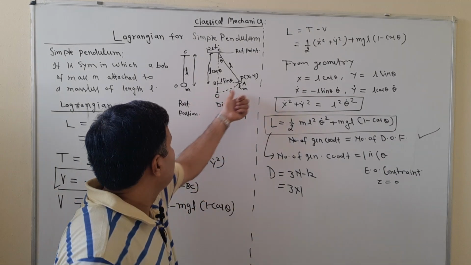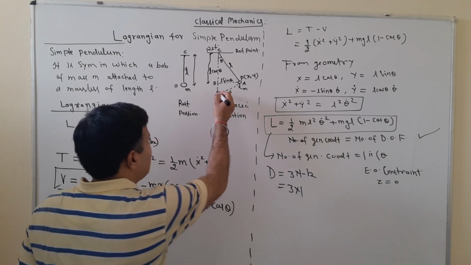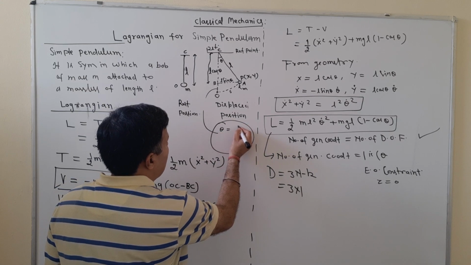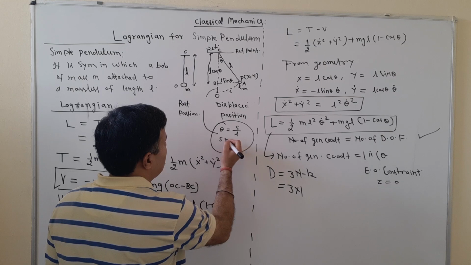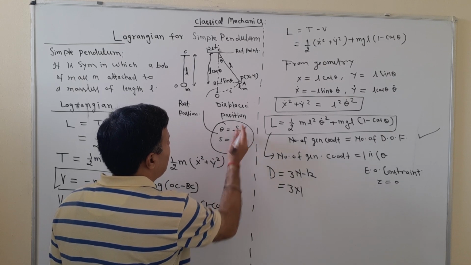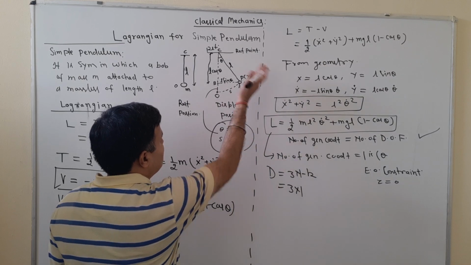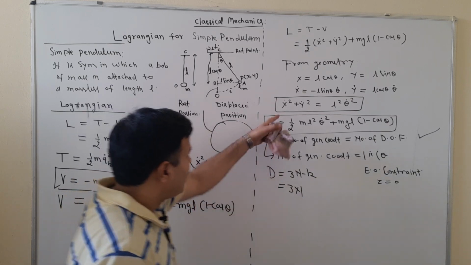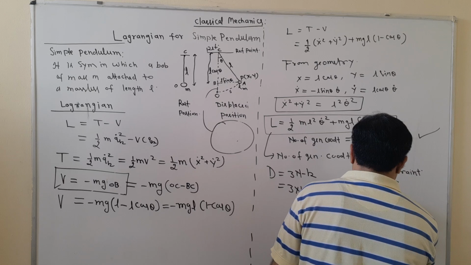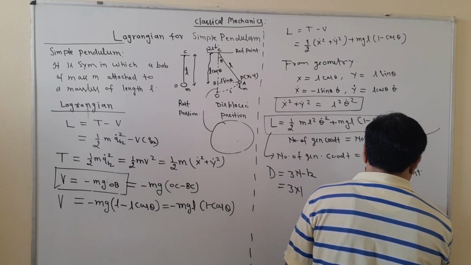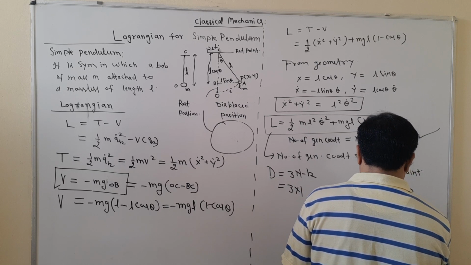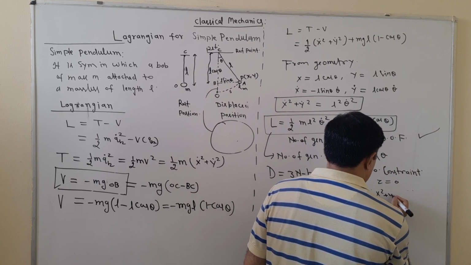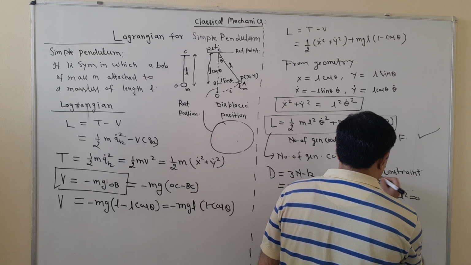From here we can see that the angle is equal to r by L. So S equals L theta. If this is x, this is L. So we have this equation of constraint. And we have one more equation of constraint, which is x square plus y square equal to L square, so x square plus y square minus L square is equal to 0.